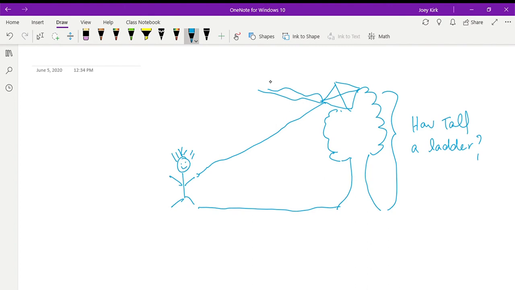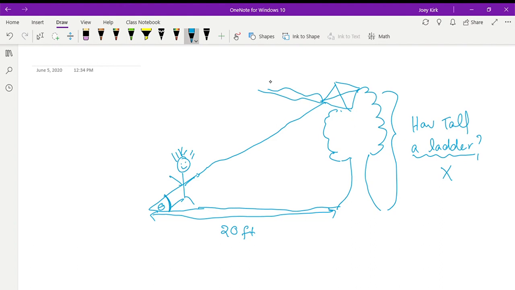But if you knew this angle, so let's complete the triangle here, the angle you are at looking at the top of the tree, and you know the distance between yourself and the base of the tree, let's say you're 20 feet back, you can actually solve how tall a ladder you need.